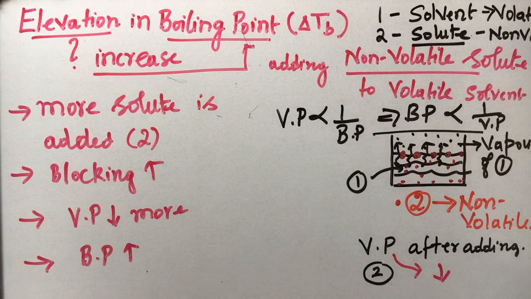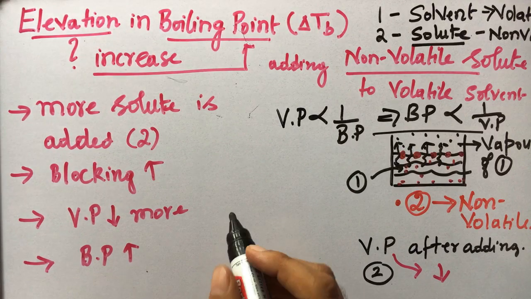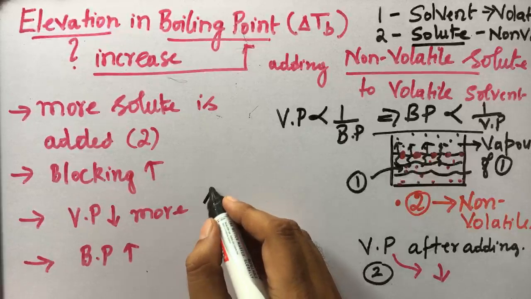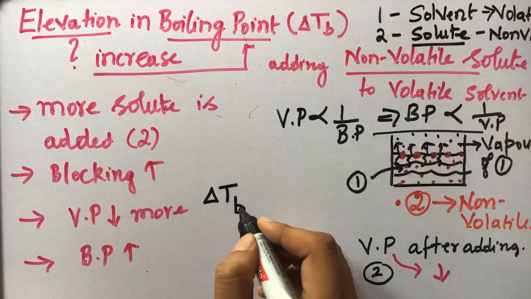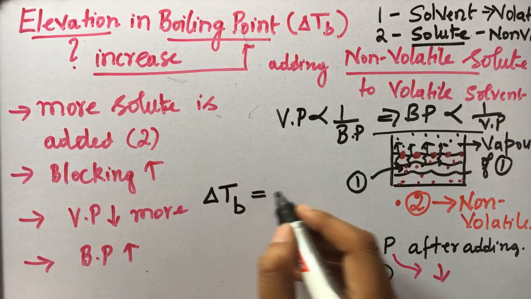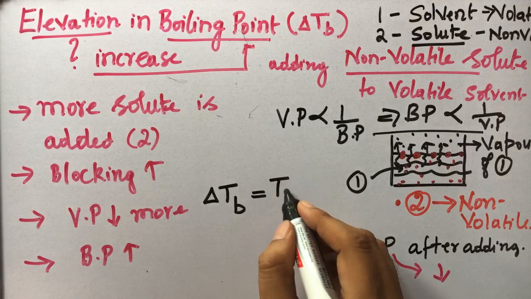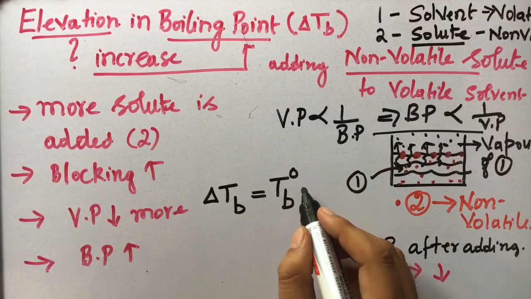Okay, now let us say that this delta TB means what? This is nothing but the boiling point of the solution minus the boiling point of the pure solvent.